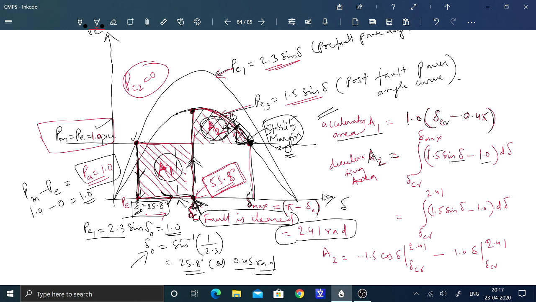If you substitute delta max equal to 2.41, the integral of 1.5 sine delta minus 1 into d delta from delta CR to 2.41, when you solve it, comes to minus 1.5 cos delta over delta CR to 2.41 minus 1 into delta over delta CR to 2.41.